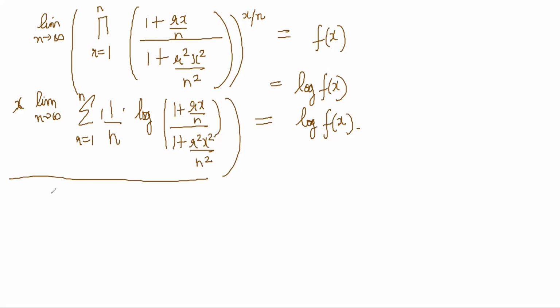So now you're getting log of f(x) equal to this thing, which I can replace as an integral from 0 to 1, because r by n goes from 0 to 1.